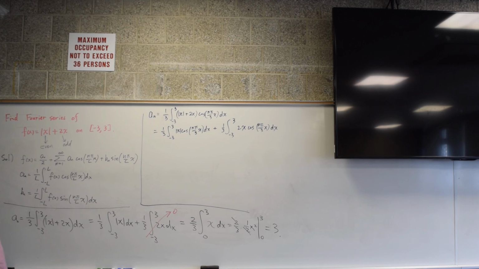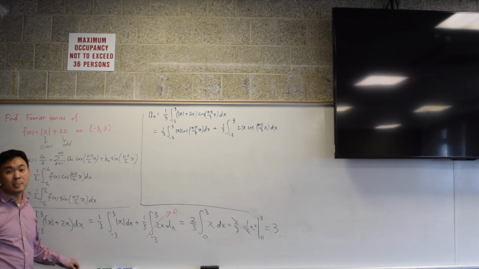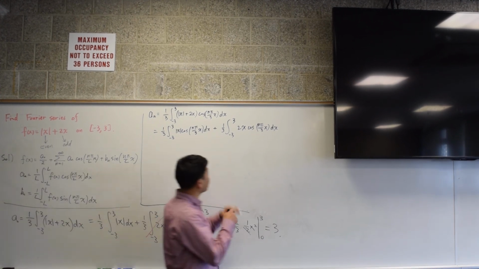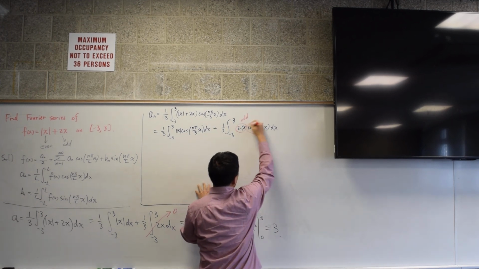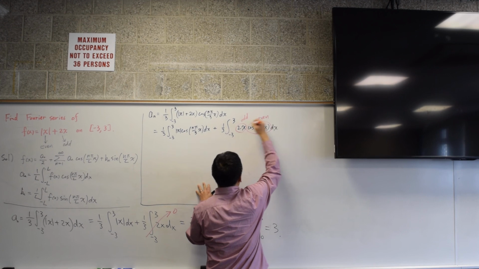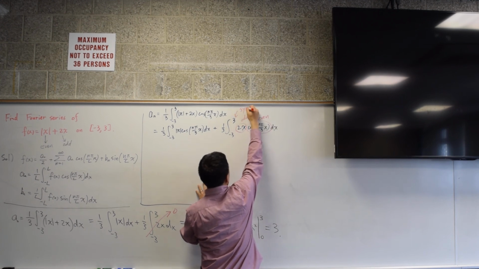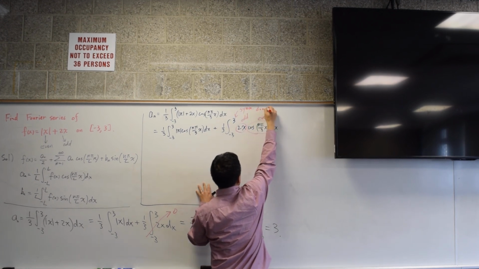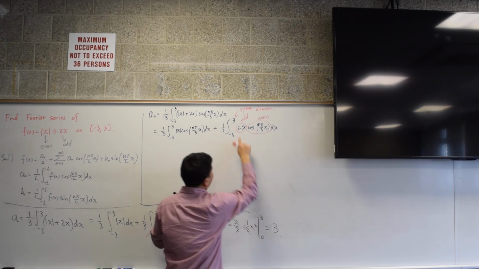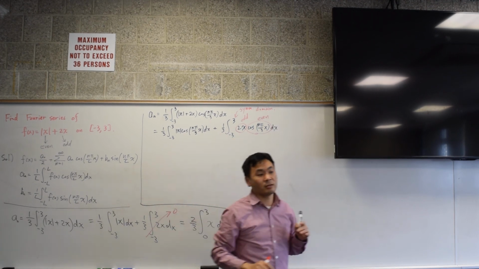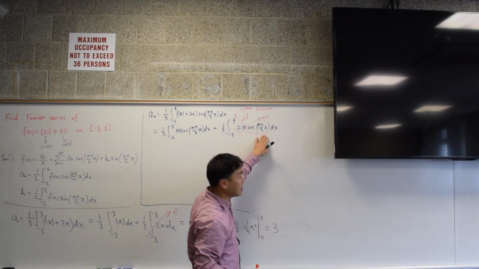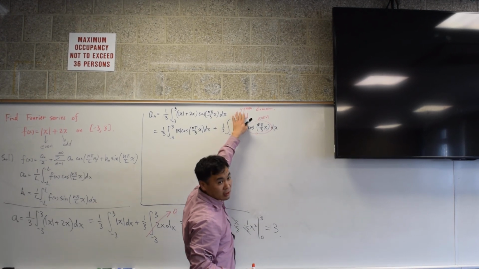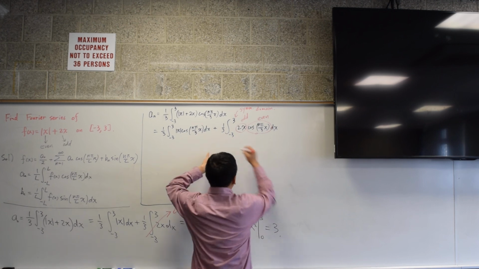Now, which one is 0? 2x. This one is 0, because this is an odd function, this is an even function, and here's a symmetric domain. Odd times even is an odd function, right? So you have an odd function integrated over a symmetric domain, you get 0. So that goes away.